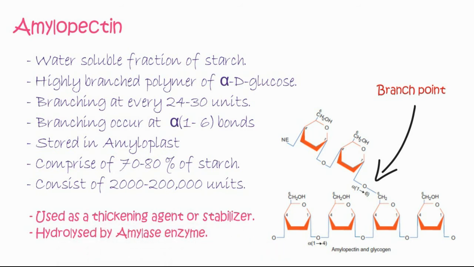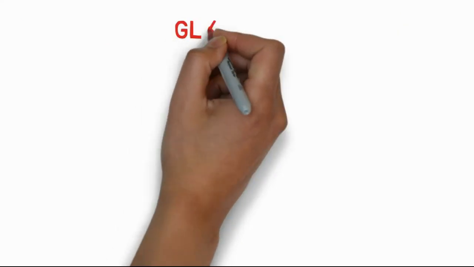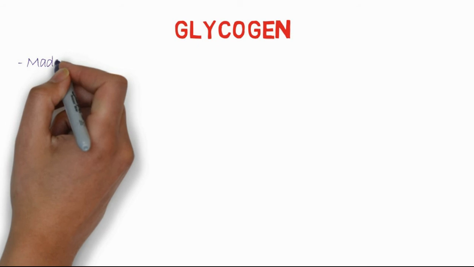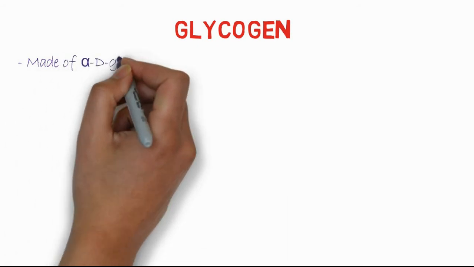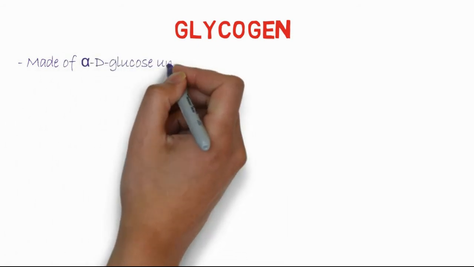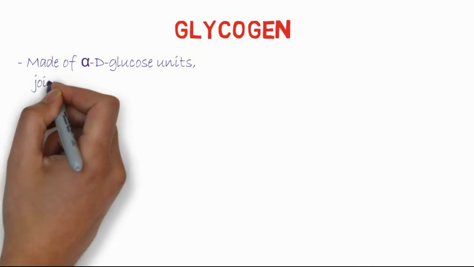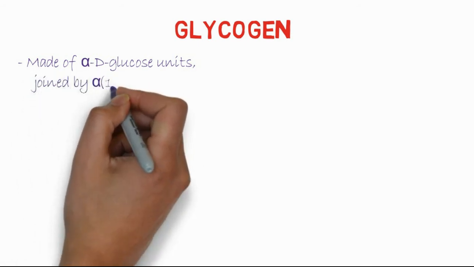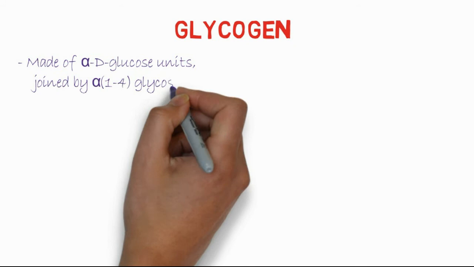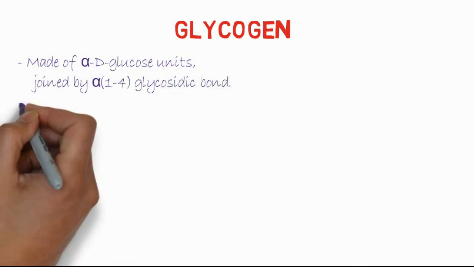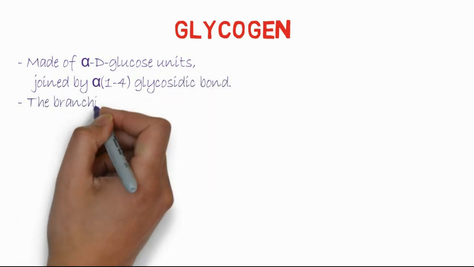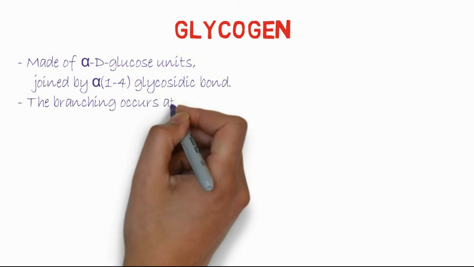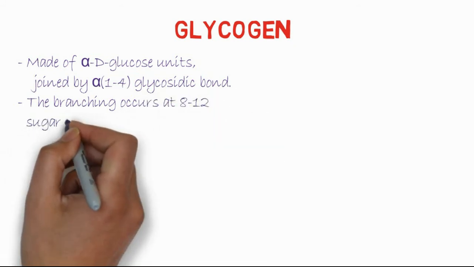Amylopectin is hydrolyzed by amylase enzyme like amylose. The next example is glycogen. It is made up of alpha D glucose units which are joined by alpha 1 to 4 glycosidic bonds.